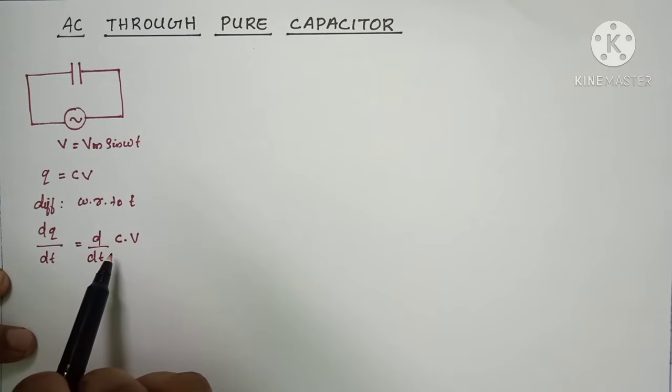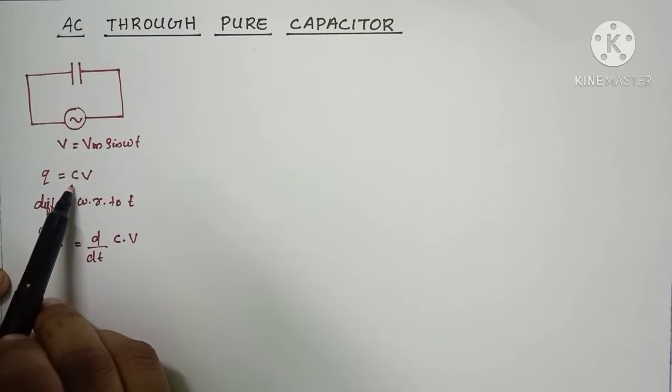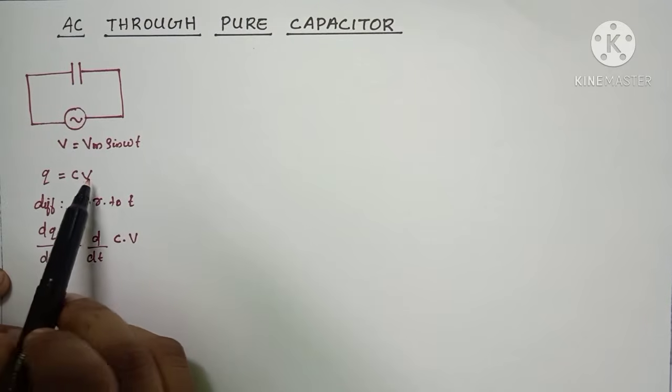In this equation, q is the charge, C is the proportionality constant, and v is the applied voltage.